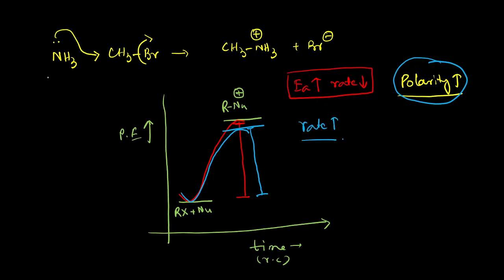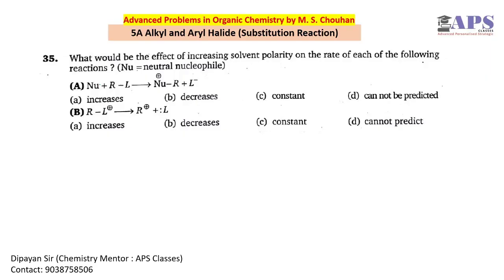So with increase in polarity, the rate of the reaction will increase, as the overall activation energy will decrease. So for question A, with increase in solvent polarity, the reaction rate will increase.